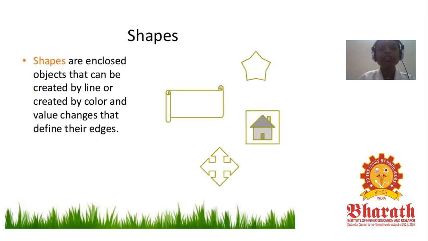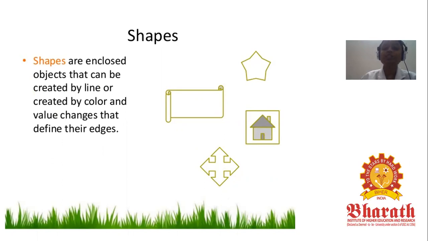Shapes. What are shapes? Shapes are enclosed objects that can be created by line, or created by color and value changes that define their edges. It is created in so many objects. Without shape, you cannot create any images.